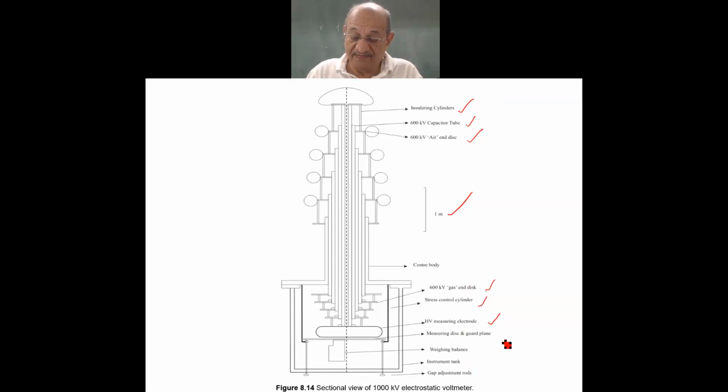guard plate. Then we have a weighing balance. When there is any movement, there must be a counterpart to balance the movement. That means, as we saw, there is a floating mechanism which experiences the force and rotates.